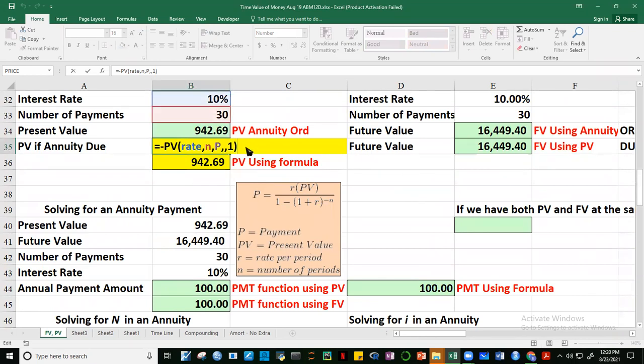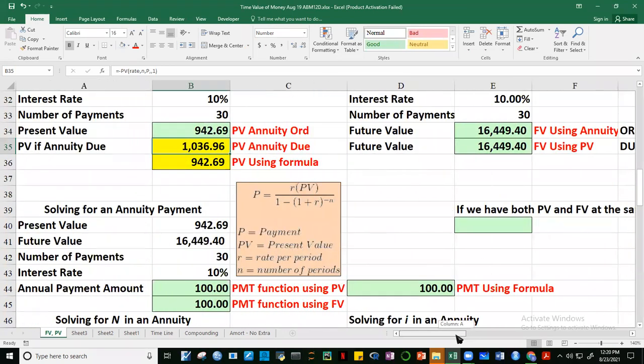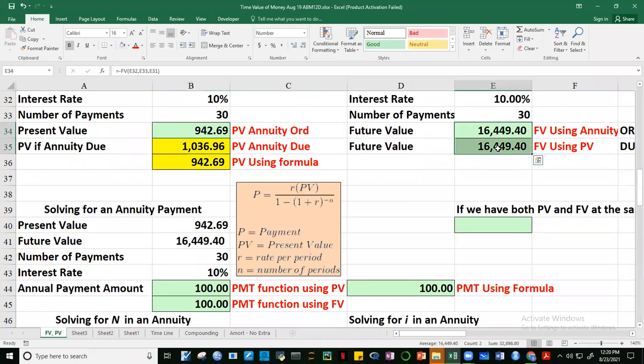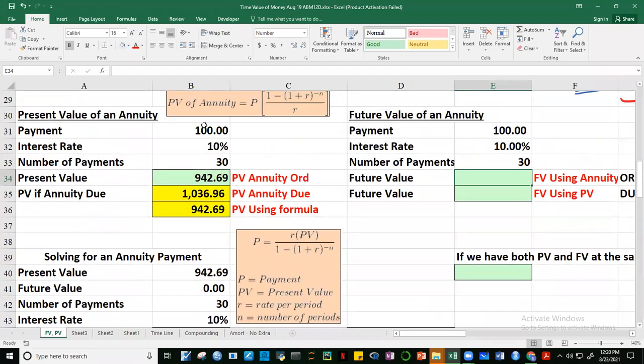Okay, so 1036. Now, dito, guys, we can compute for the future value. Ang galing ko to, no? Okay, given the annuity of 100, yung kanina, pareho lang dito, no? Pwede nating i-compute kung magkano equivalent niya after 30 years.